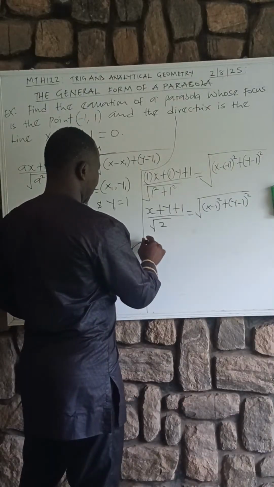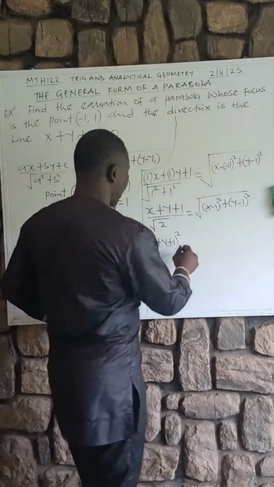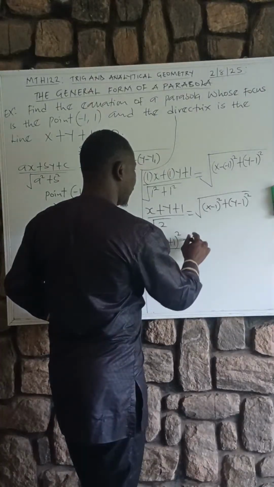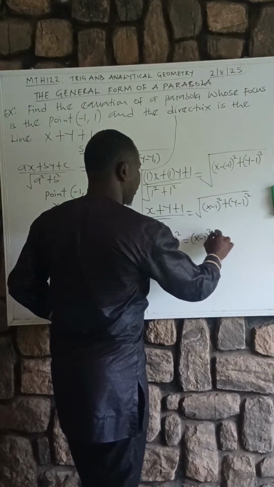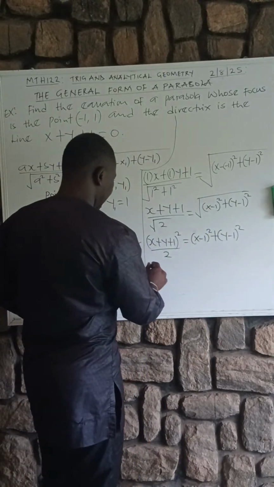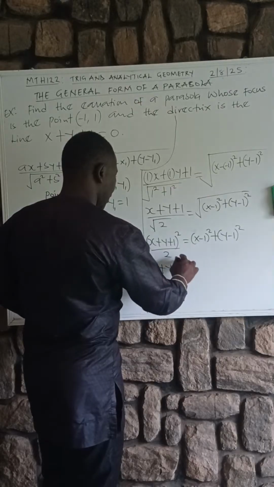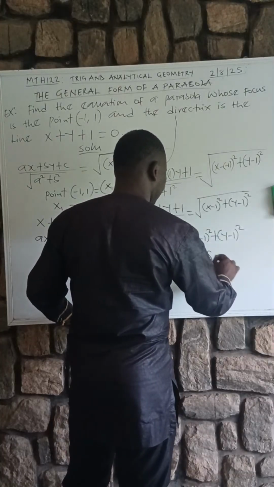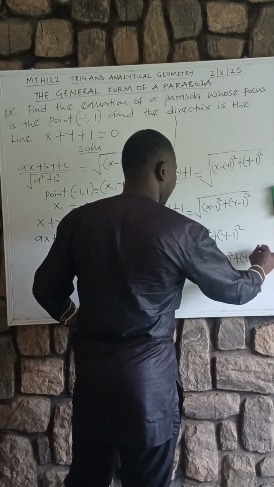So we are going to have (x plus y plus 1) squared over 2 equals (x minus 1) squared plus (y minus 1) squared. This is the same thing as (x plus y plus 1) squared equals 2 times the bracket (x minus 1) squared plus (y minus 1) squared. Amen?